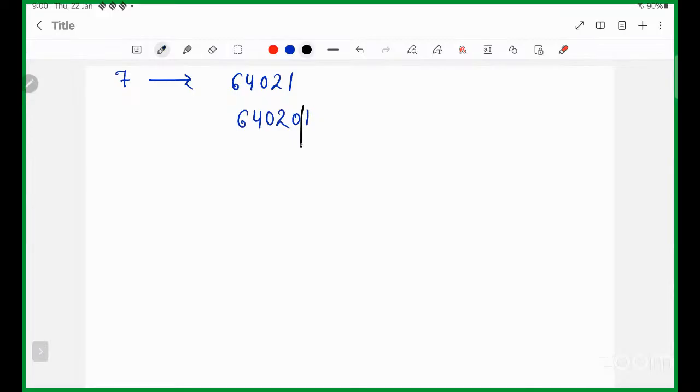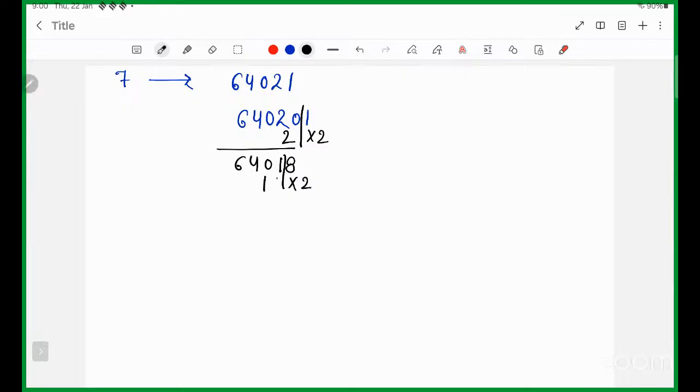Like I will multiply 1 by 2 and subtract it from the rest: 6402 minus 2 gives 6400. We'll do it until I get a number which is either divisible by 7 or not, and if any remainder is coming, then it will not be divisible by 7.